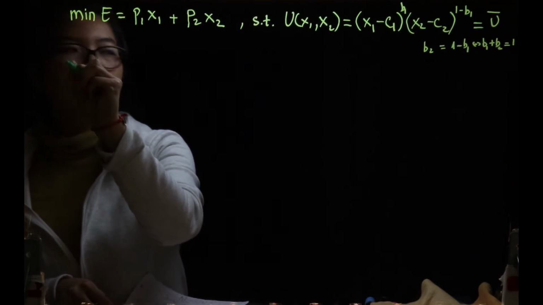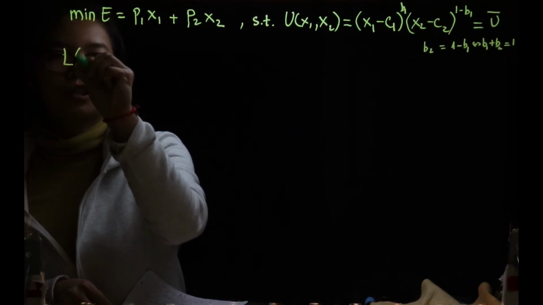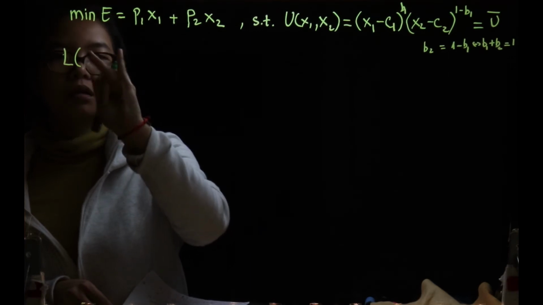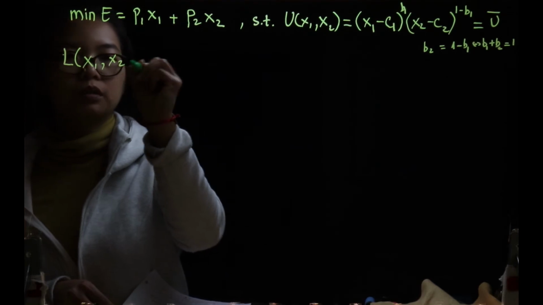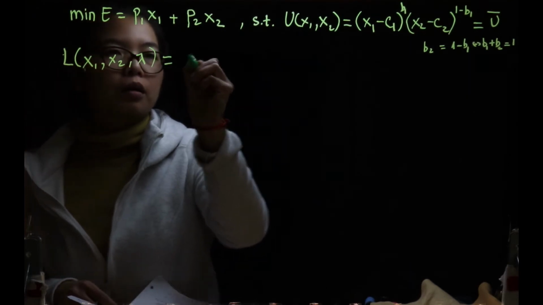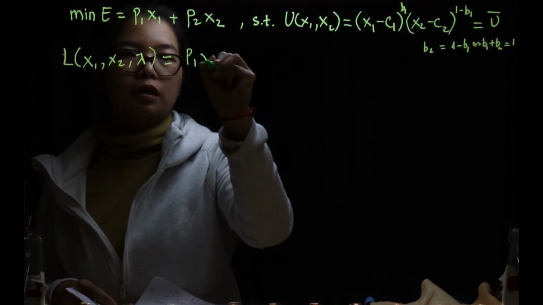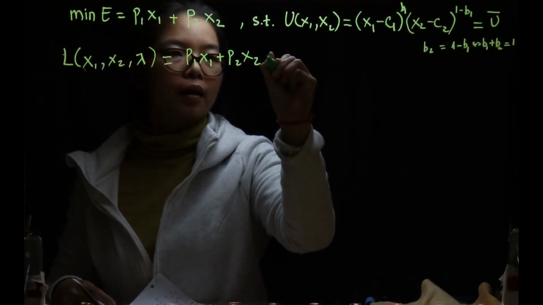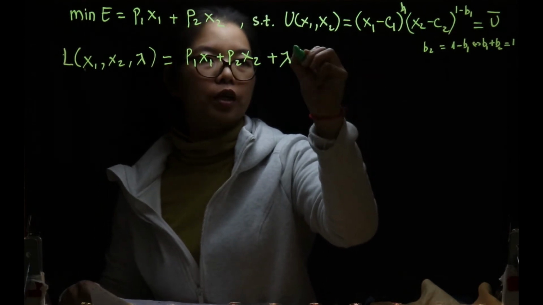So that's easier. So now let's write down the Lagrange function. That is the function of the original variables and the lambda, just like before. Now the objective function we have is the expenditure, so rewrite that, plus lambda times the constraint.